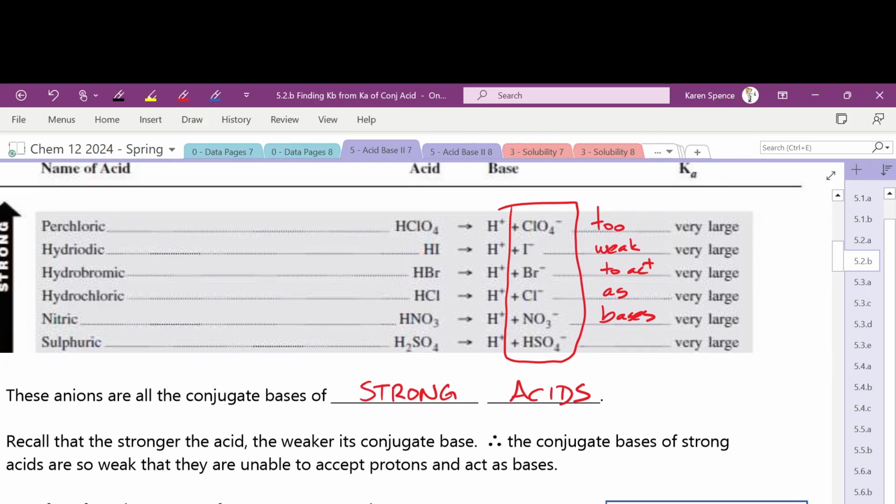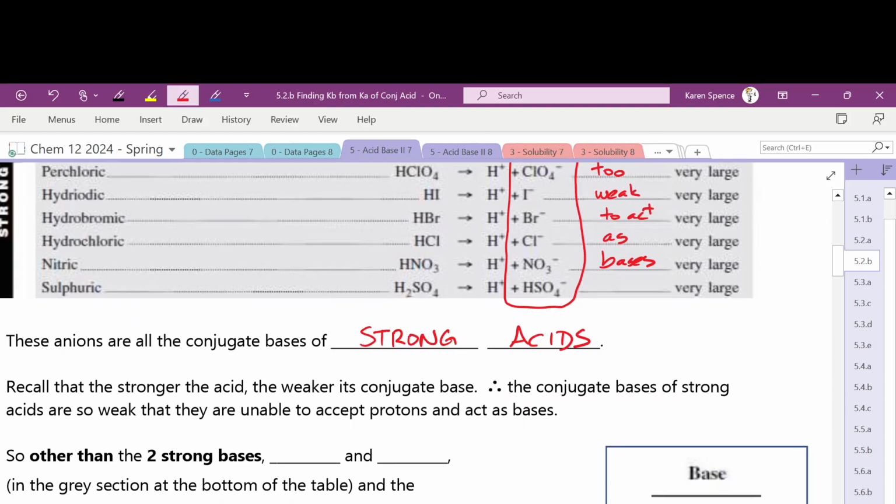So, other than the two strong bases, who are the two strong bases? NH2 minus and O2 minus. Those are in the gray section at the bottom of the table.